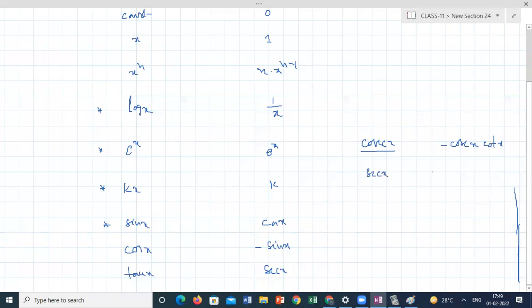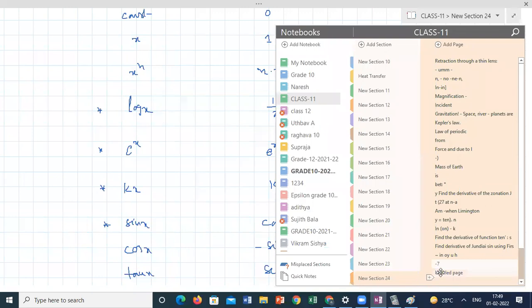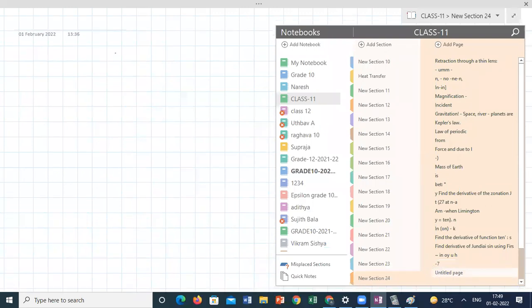Secant x gives secant x into tan x. Cot x gives minus cosecant square x.